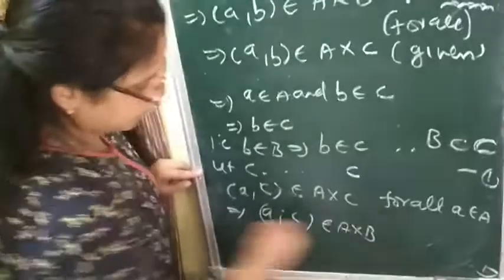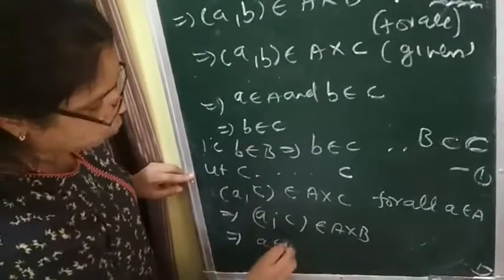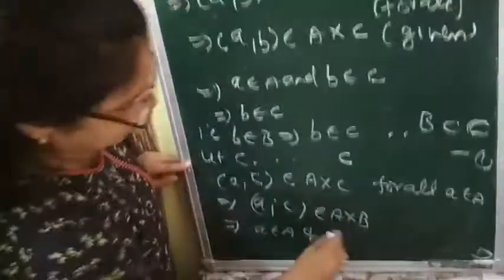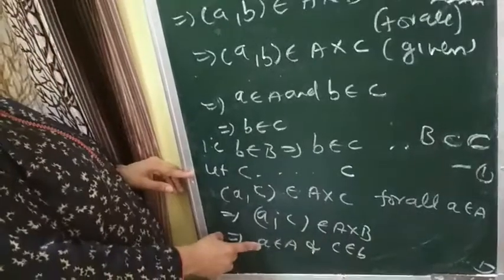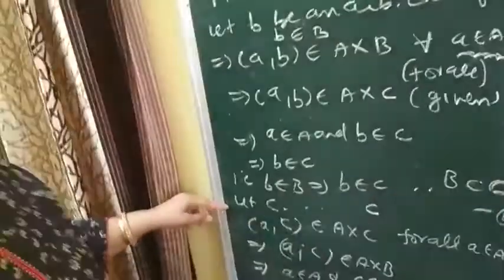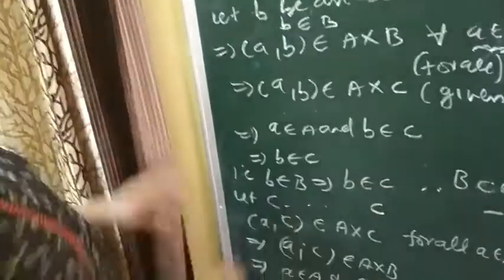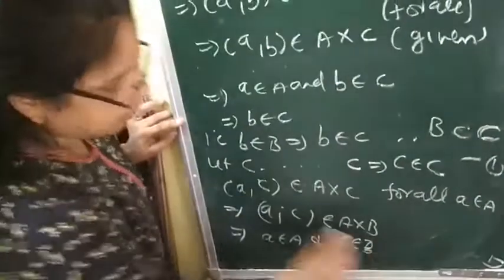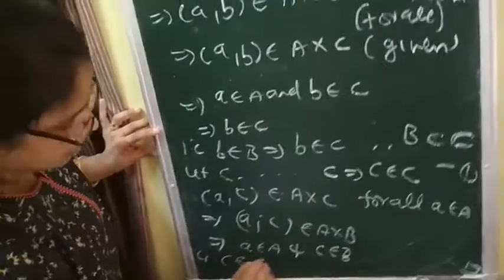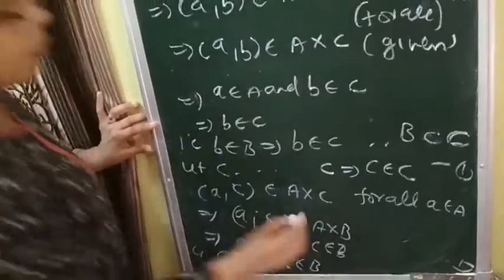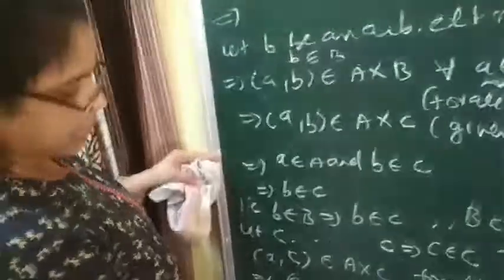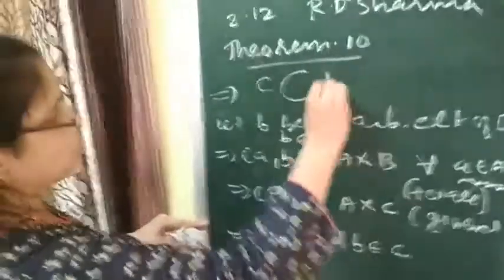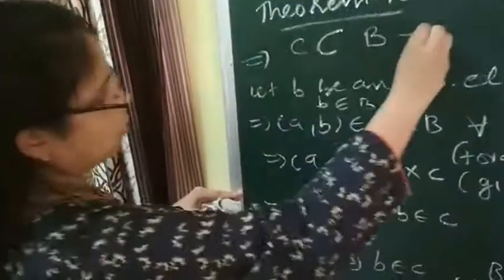A × B implies again a belongs to A and c belongs to B. We don't think about A because we are considering only two sets B and C. That means we have started from c belongs to C, an arbitrary element of C, and we have arrived at c belongs to capital B. That is c belongs to C implies c belongs to B. Therefore, C is a subset of B. This is equation number 2.